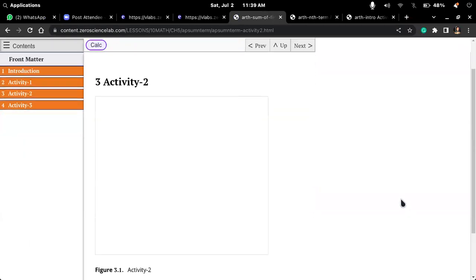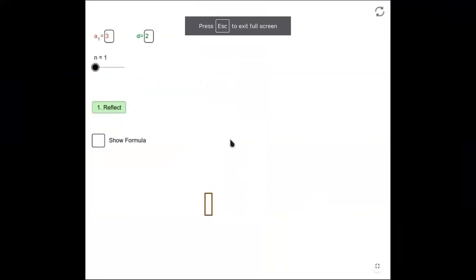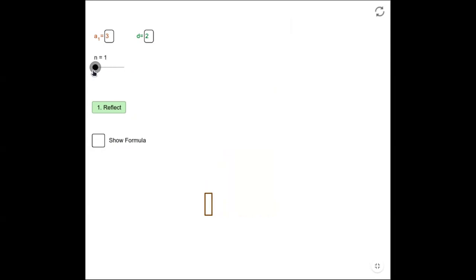But similarly, we can convert that progression into a geometrical pattern. And this is how I can increase the number of terms. Suppose I want to get the sum of 2 terms, n equal to 2.